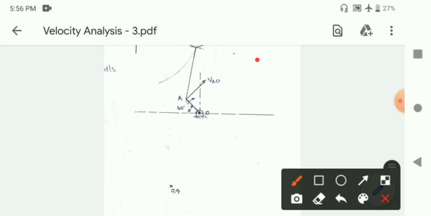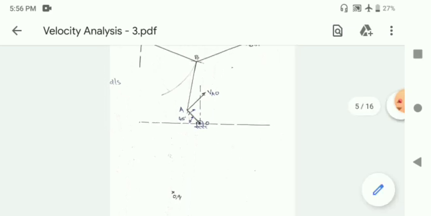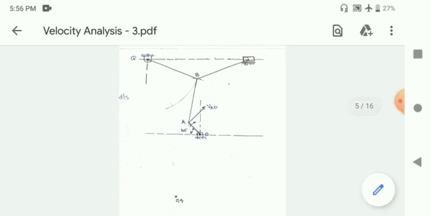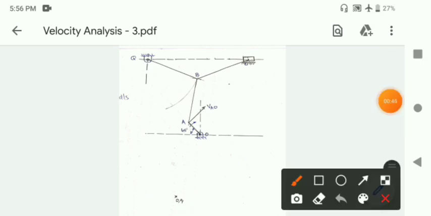So at some point below the line sketch of the mechanism, you can locate the fixed point. As I have told you, the fixed points in this particular mechanism are points O and Q. So at some point below the line sketch of the mechanism, you locate a point and designate it as o, q.